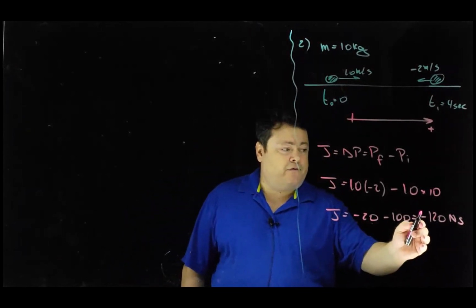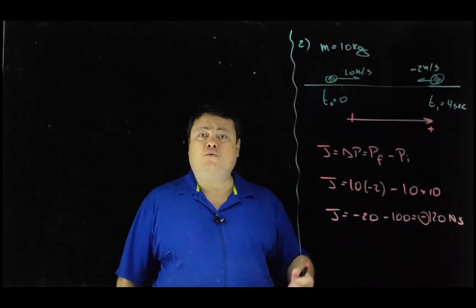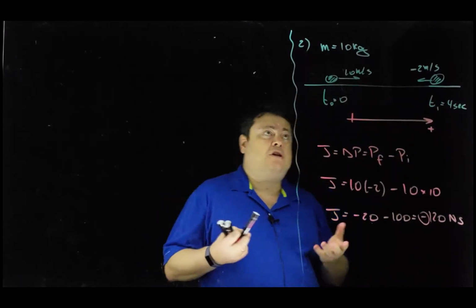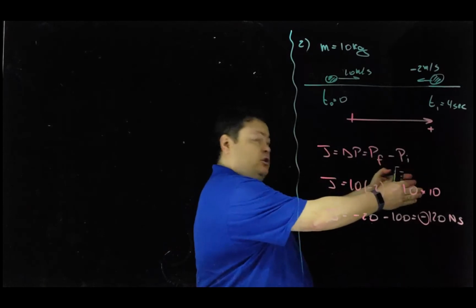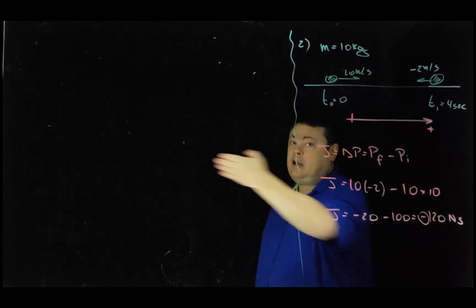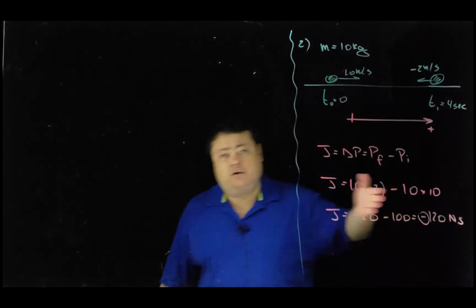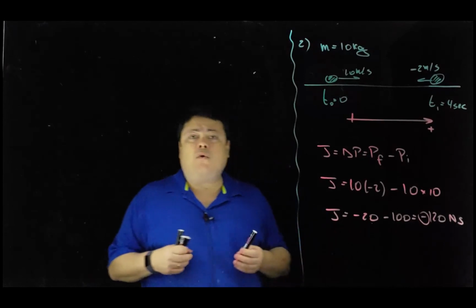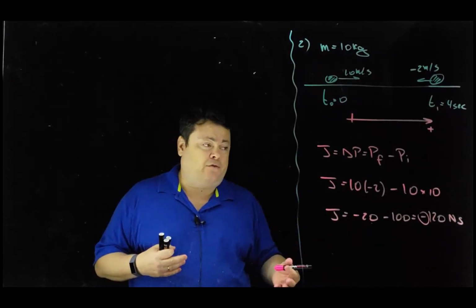Notice that this negative means that this impulse is in the negative direction, which you could have inferred just by reasoning that if my object is moving initially in the positive direction and then turns back into the negative direction, a force in the negative direction should be acting on this object. Now I want to know the magnitude and direction of that force.